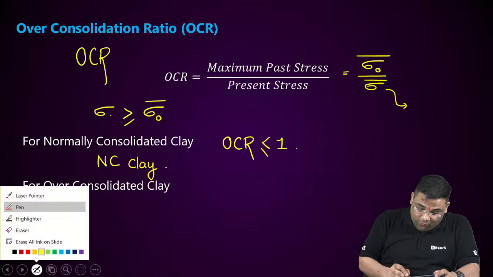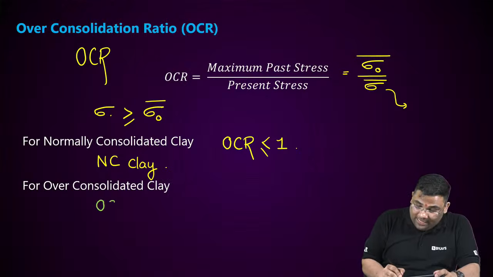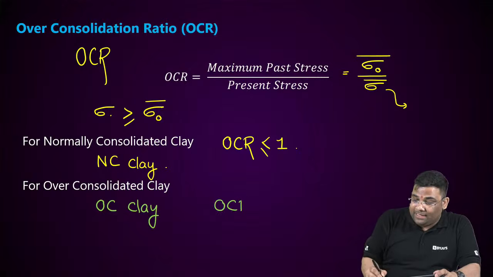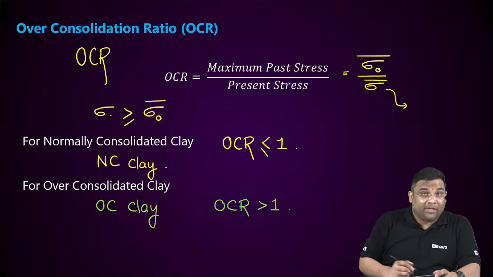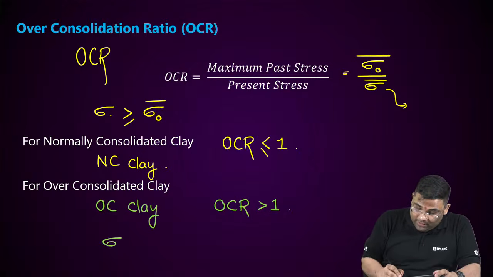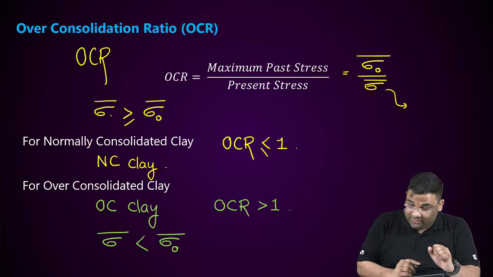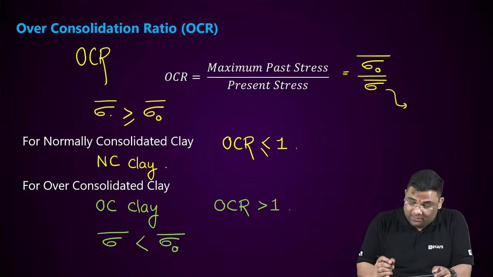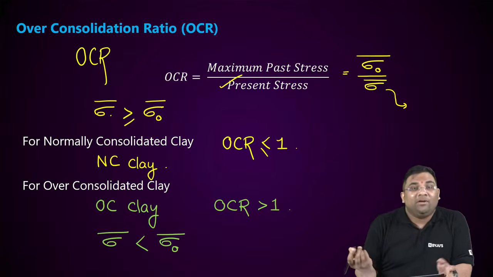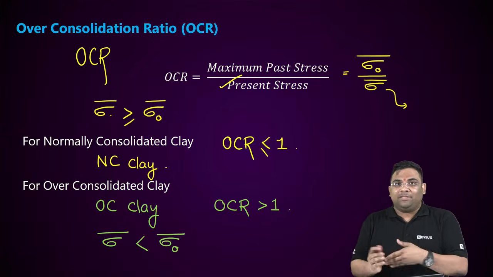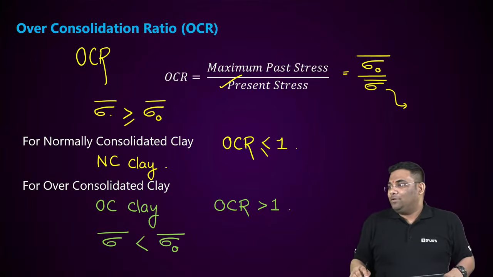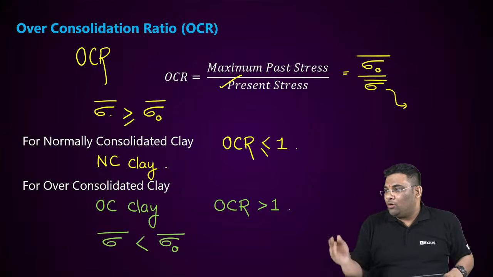And for over consolidated clay, OC clay, this will be greater than 1. Why? Because the present stress is less than the past stress. Present stress less means the denominator will be less, and denominator less means the ratio becomes more than 1.